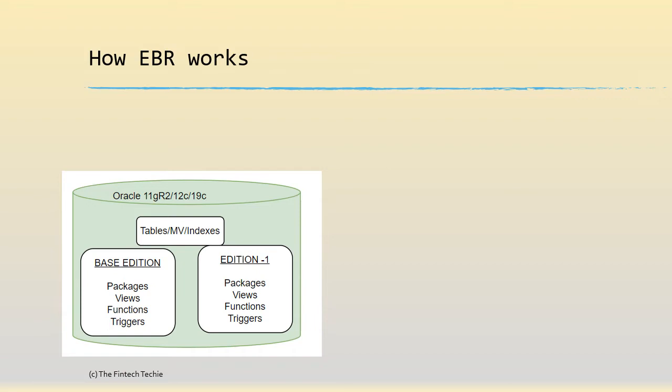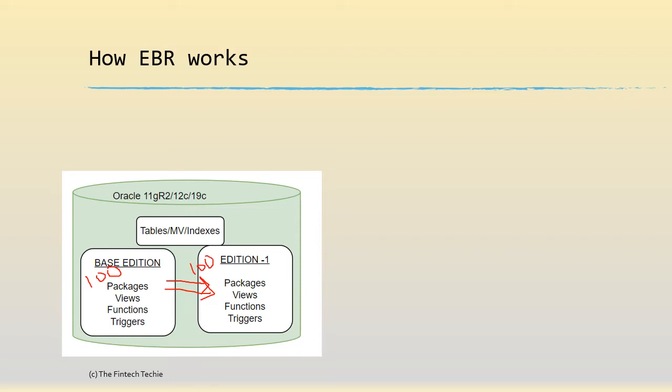Basically, it means that we are going to create a new edition of an existing base edition. So we are going to copy all the objects which are in the base edition and create a new edition. If there are 100 packages or 100 views in the base edition, I will have a similar count in edition 1.